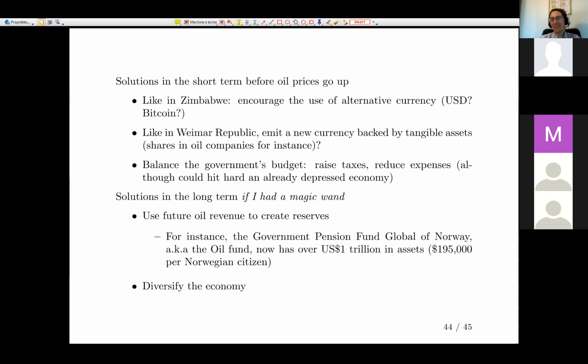It's just that they have all these assets that came from their oil revenue, and they said, let's put them aside for future generations. So now their fund is over $1 trillion in assets, invested in many different ways, that make sure that even if oil prices crash, the country is not bankrupt.